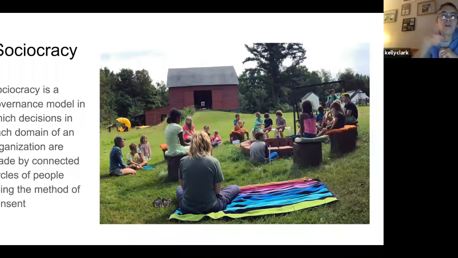And what that means is you go around the circle, and if you've been presented and discussed a proposal, and if you can live with that proposal and it's okay, then you give your consent. But if you have a paramount objection to it, and what that means is that it would actually inhibit your or the community's ability to fulfill the mission of the organization, then you can object and not give your consent.